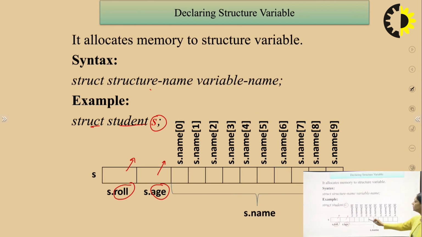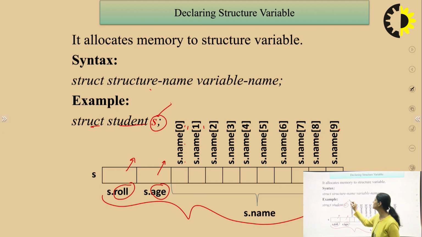So here we'll have S.name with 10 memory allocations: the 0th index, first index, second index, till index 9. So this whole is the memory allocated to the variable S.